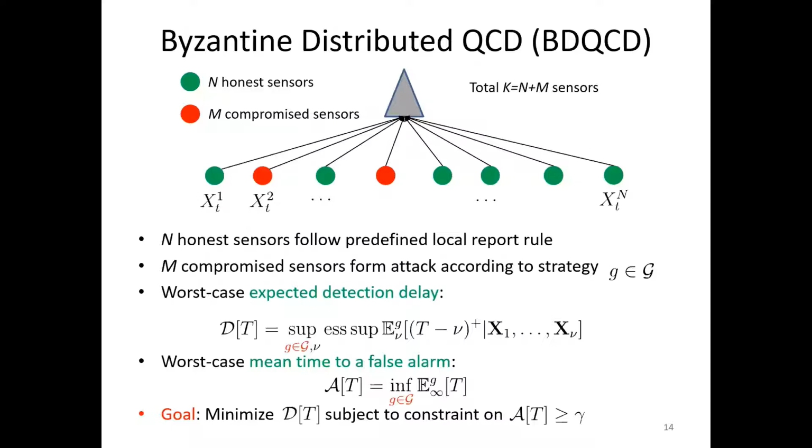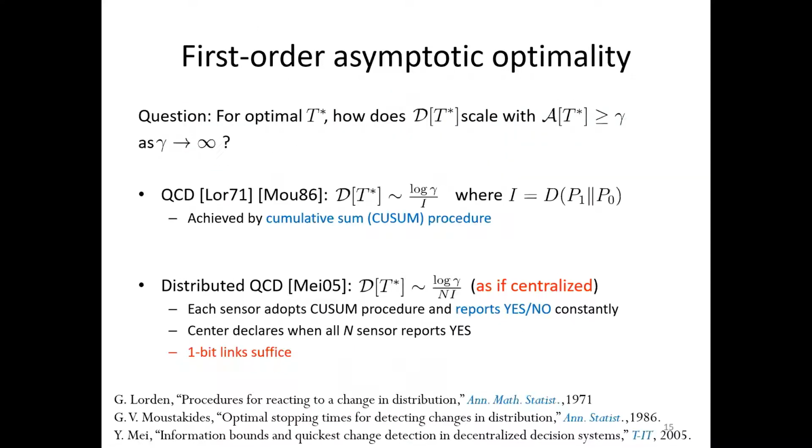All right. So the goal here is to minimize the delay subject to a constraint on the mean time to a false alarm. That's the problem we are studying. The question we try to ask and answer is that I want to know the optimum scaling rule for this problem.